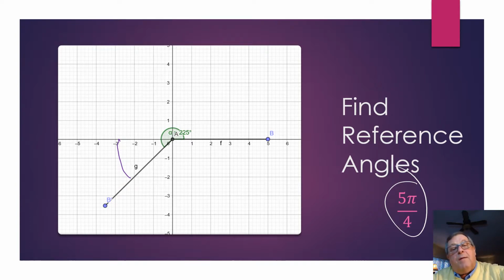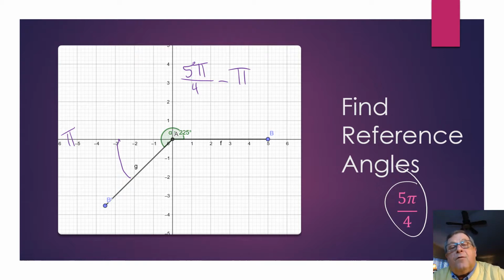If I were to do that mathematically, since we're going back to the x-axis, and here on the x-axis on this negative side, we know this is pi. So I could just say, 5 pi over 4 minus pi.